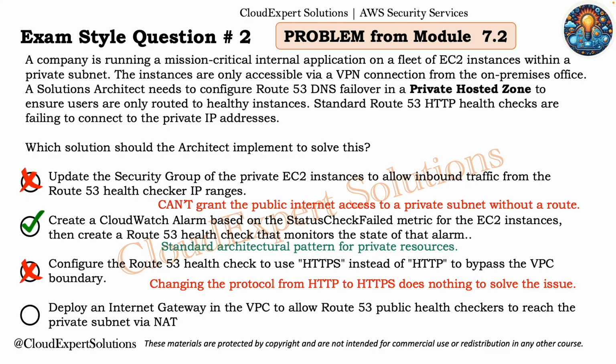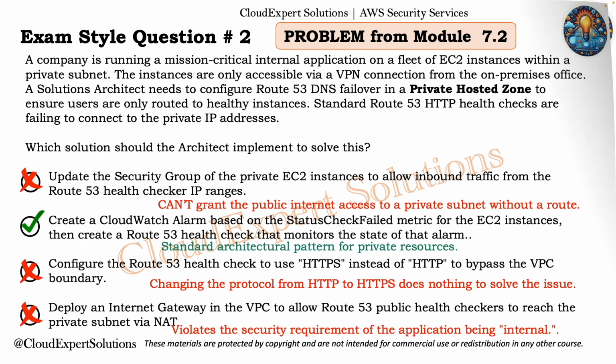This option directly violates the requirement of an application being internal. Deploying an internet gateway and NAT gateway will allow public health checkers to reach it. However, it would compromise the isolation of the private subnet. That is why this is not the correct option. And that makes option number 2 the correct option for the problem we gave in module 7.2.